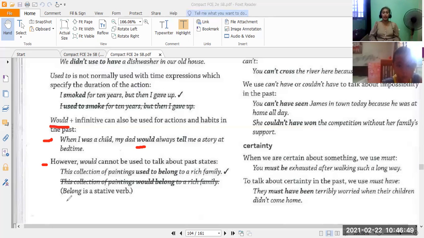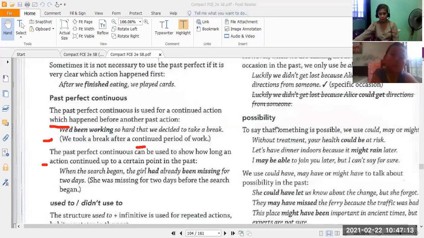You will not say, this collection of paintings would belong to a rich family. This is wrong, because belong is a stative verb. We already discussed that one about the stative verb.